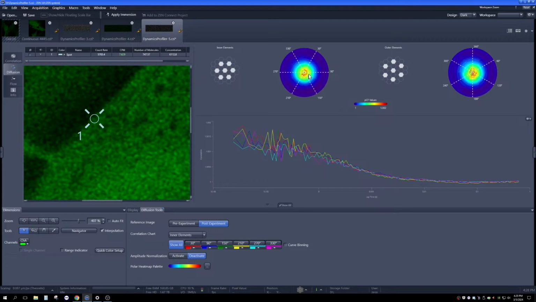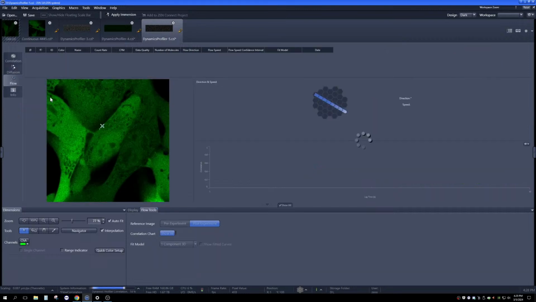So maybe you see some faster diffusion on this side versus basically there's nothing over here, right above a cell. But we're picking up a very slight difference here. If we were really parked on something like a condensate, we would see some really beautiful heat maps. If anybody has cells like that, please send them my way. Always happy to have new samples.